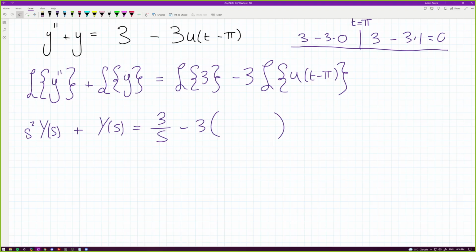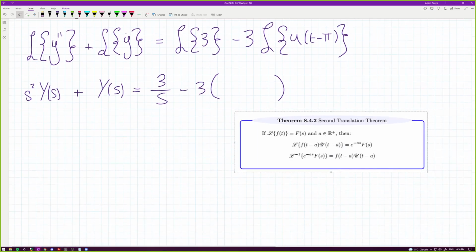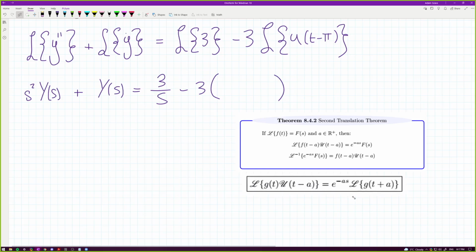We can do it by the second translation theorem, which states this, but then I'll show you in a second. So I have this, and then I have this. There's the actual second translation theorem, but then there's a way to restate it, which is a little more convenient for our sake.